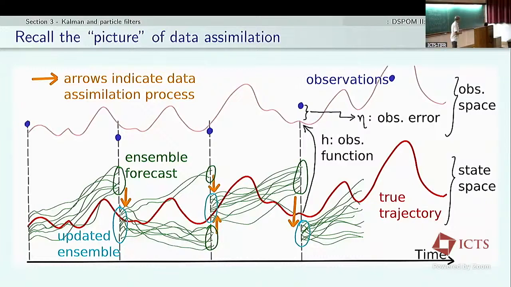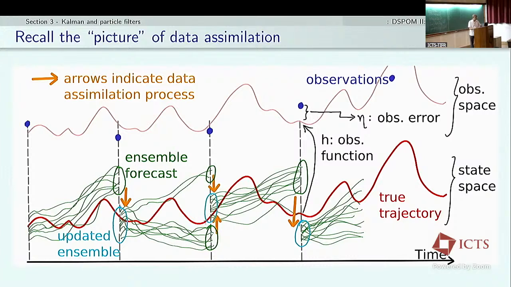Okay, so the picture. How do we fill up the picture? The idea is basically to construct a recursive algorithm such that, suppose you have a distribution at some time, that distribution can be used to make a forecast using the Markov model.